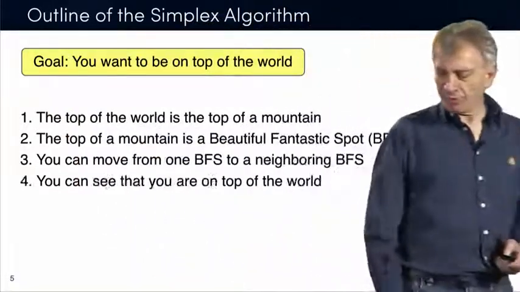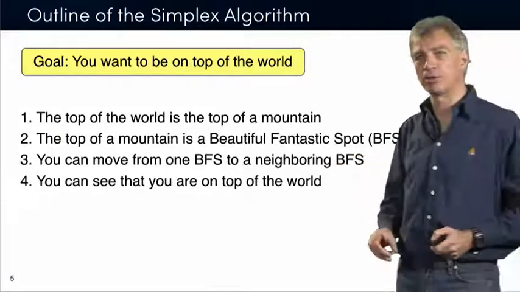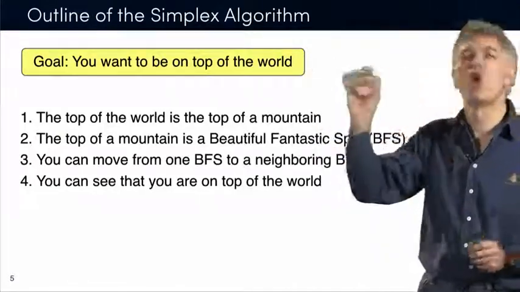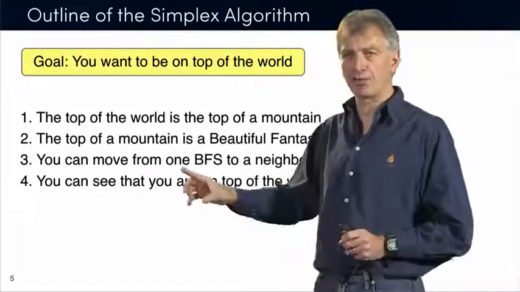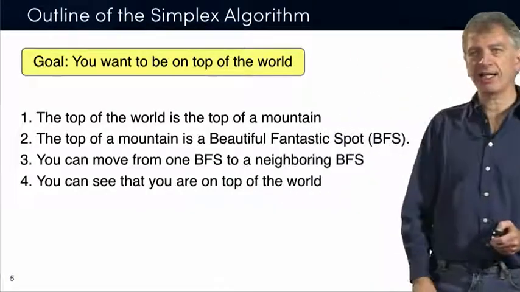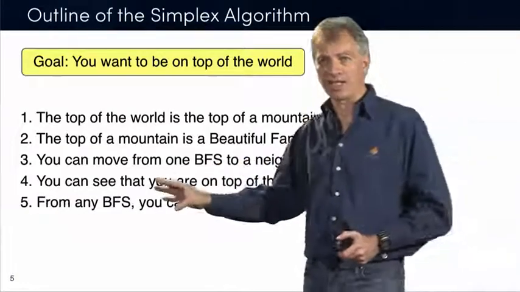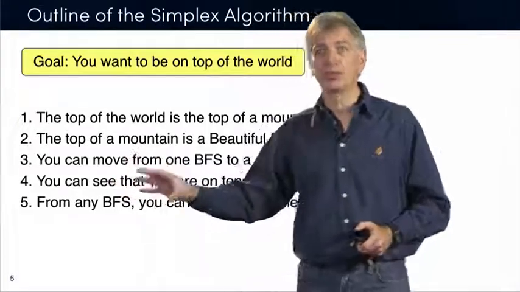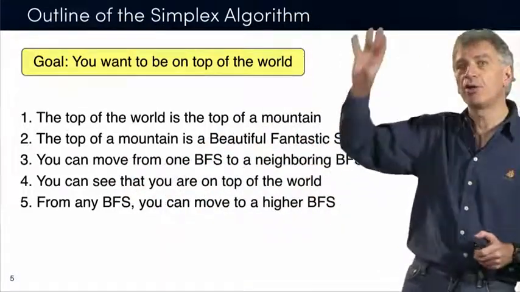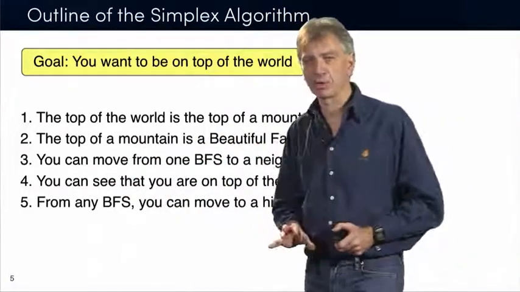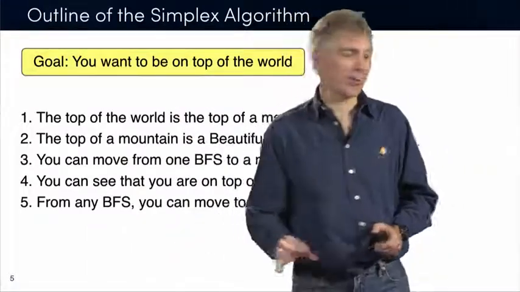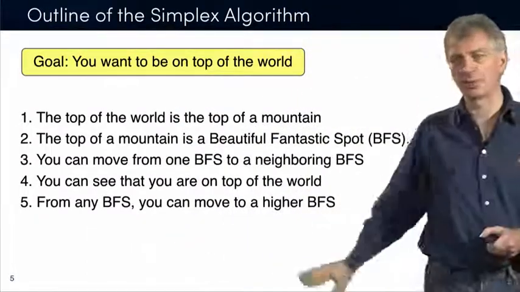The fourth fact, and this is important, is that when you are at the top of the world, you know you are at the top of the world. And the last fact is that if you are at a beautiful, fantastic spot, there will always be an opportunity to move to a higher beautiful, fantastic spot. If you understand these 5 points, you understand linear programming.